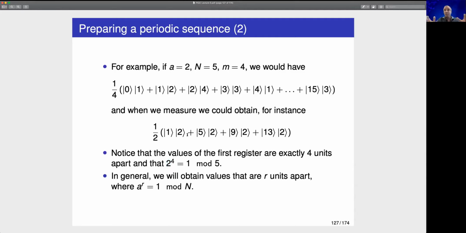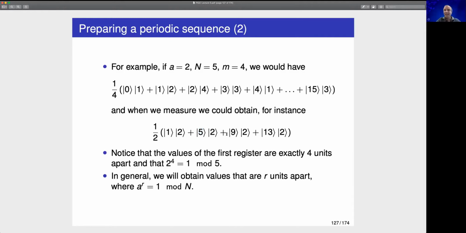So whatever the value that I obtain when I measure this second part of the register, I'm going to have values which are exactly r units apart. And this is what I want to find: the difference between one element and the next.